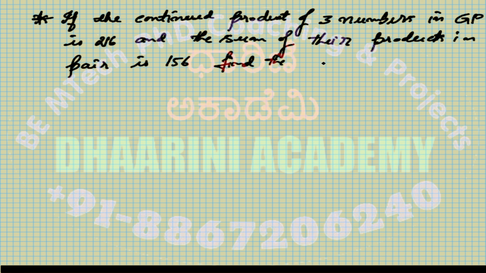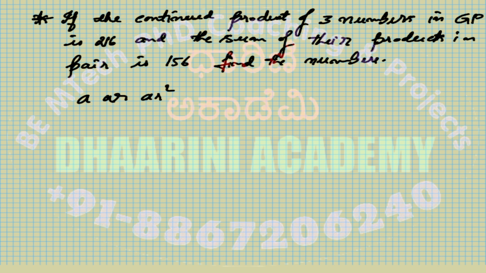Find the numbers. Right. See, whenever three numbers are given, I can assume it as a, ar, ar square, right? That will work. We will be able to solve the problem for sure. But that's going to take more steps, more time.